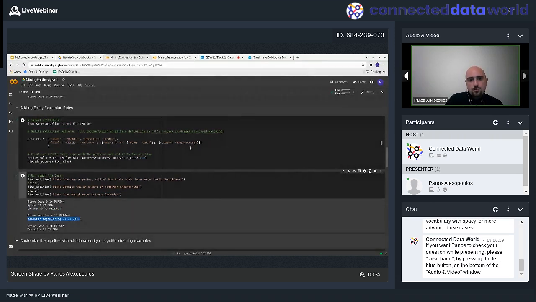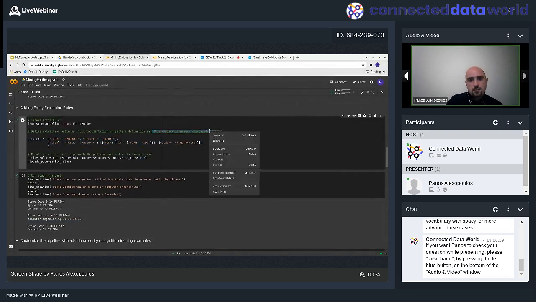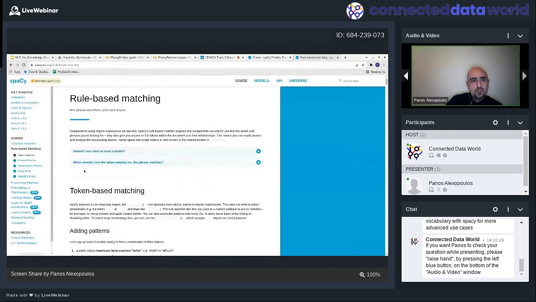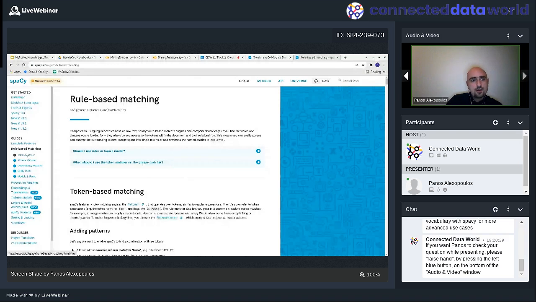Of course, these are just two examples of the expressivity of patterns and rules that spaCy has. There is a very detailed description of all the ways rule-based matching works on spaCy. So there is token matcher, phrase matcher.